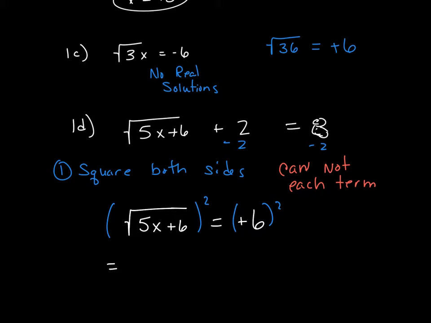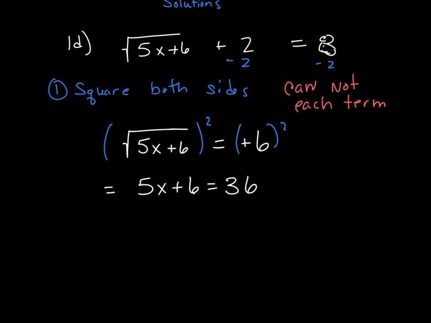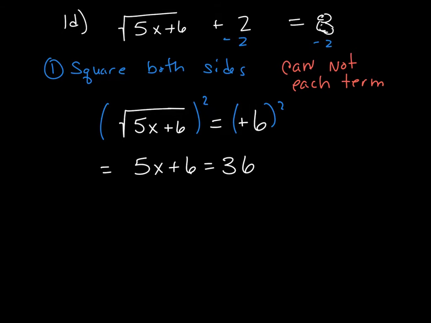So this leaves me with 5x plus 6 is equal to 36. I want to subtract 6 from both sides. 5x is equal to 30. I divide both sides by 5, and I get x is equal to 6.